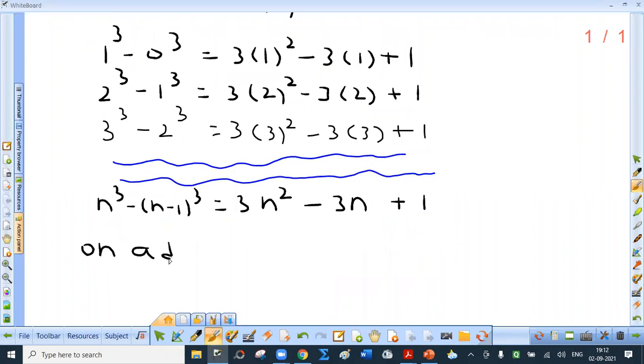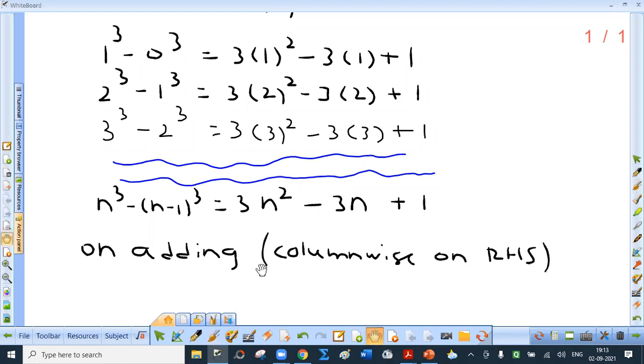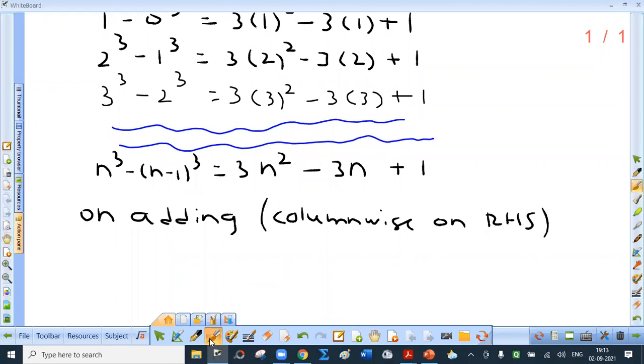On adding column wise on the RHS. Okay. Now on the left hand side, what remains is n cube. See, this is not at all difficult and similar to the previous one.